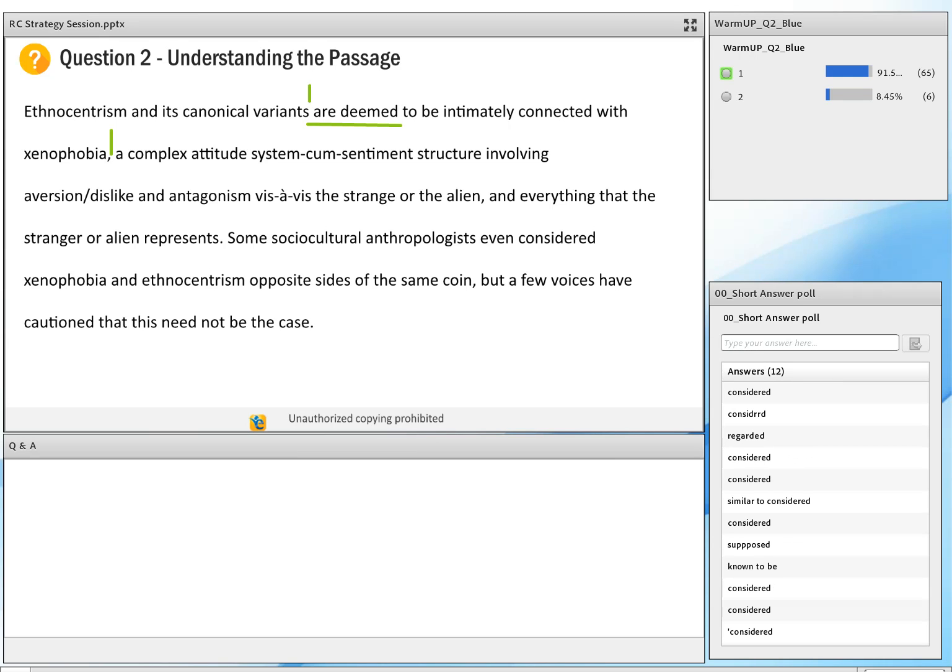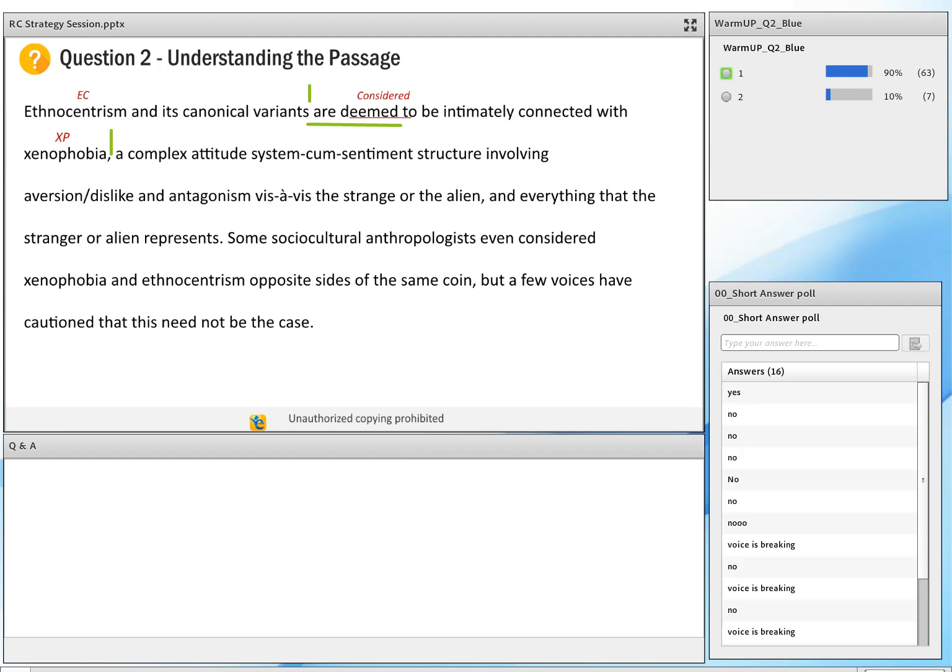Okay, so ethnocentrism and its variants are considered to be closely connected with xenophobia. Now, can we say that EC and XP are definitely closely connected? Can we say that? No, we cannot say that. We cannot say that EC and XP are for sure intimately connected with each other, because it's simply a deemed view. Okay. Now let's read further.